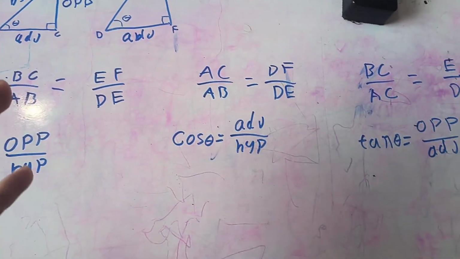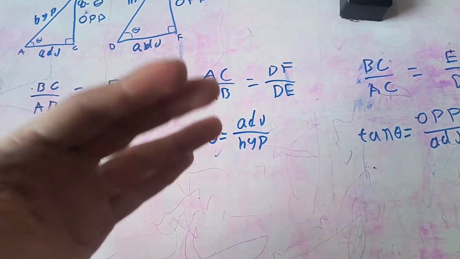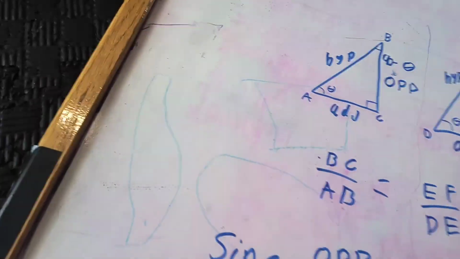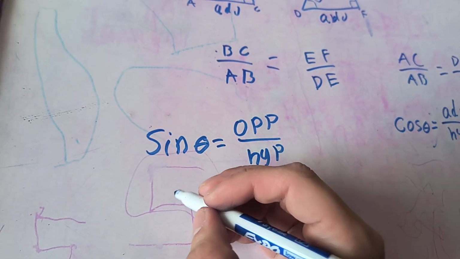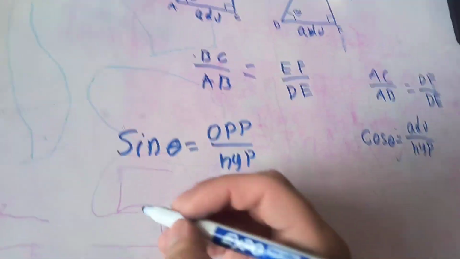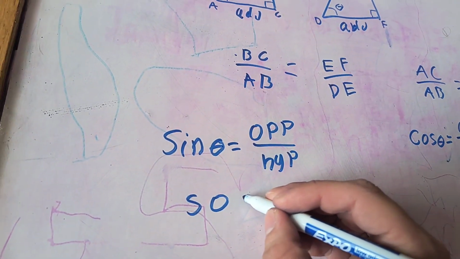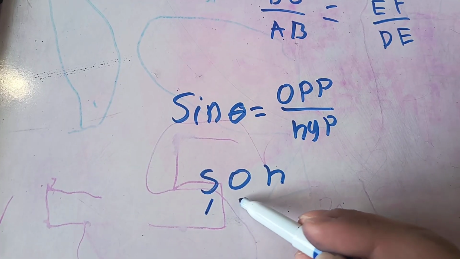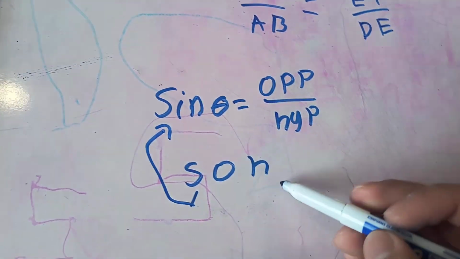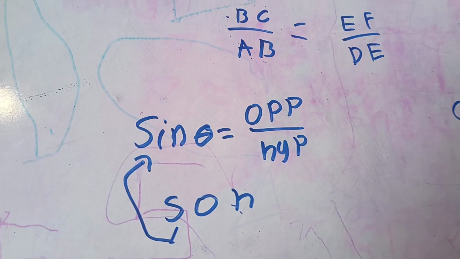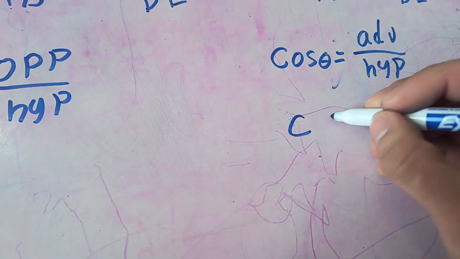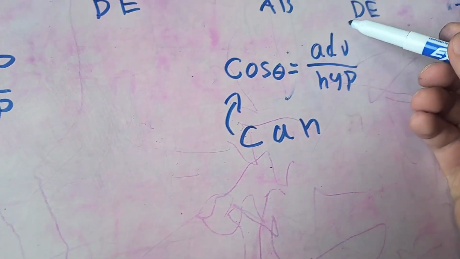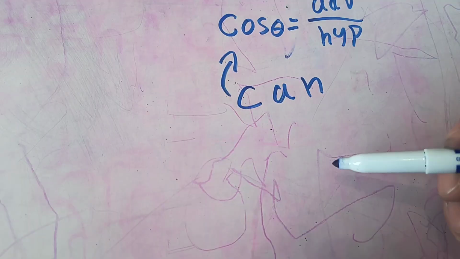Oftentimes it can be difficult to remember which ratio corresponds with which: sine, cosine, or tangent. So we have an acronym called SOHCAHTOA. SOH: S means sine, O means opposite, and H means hypotenuse. CAH: C is cosine, A is adjacent, and H is hypotenuse.